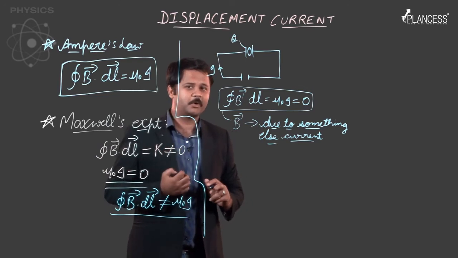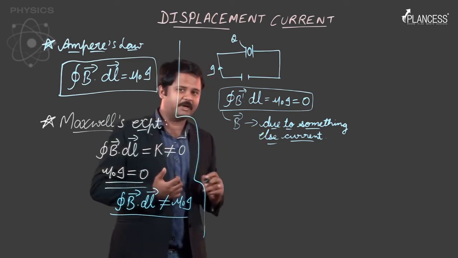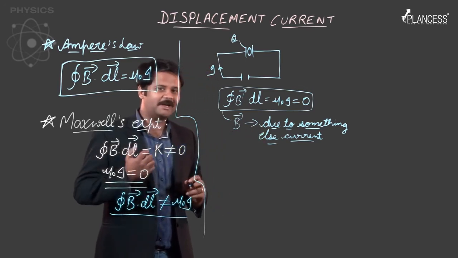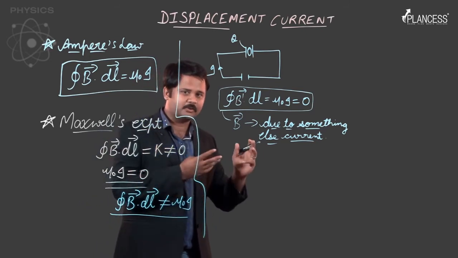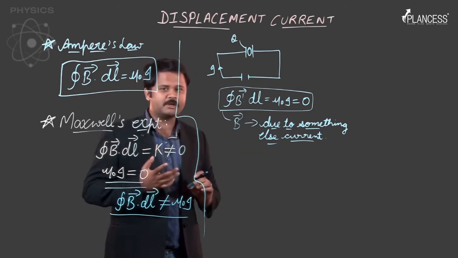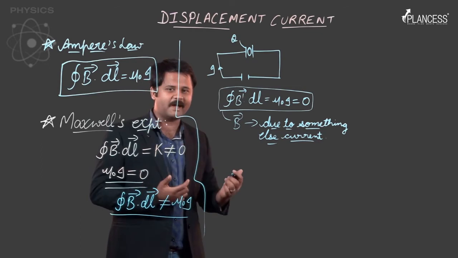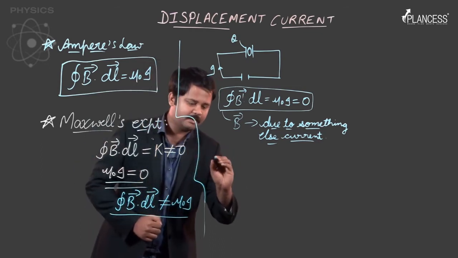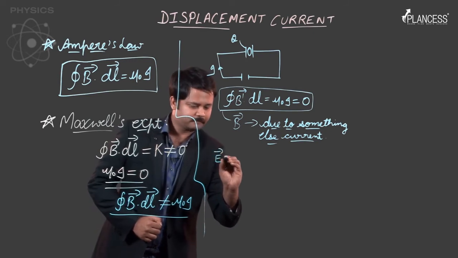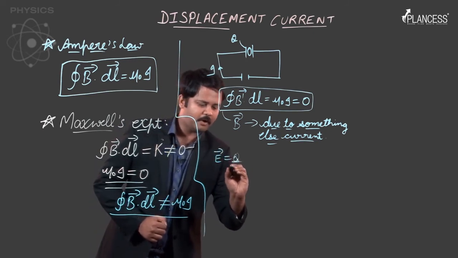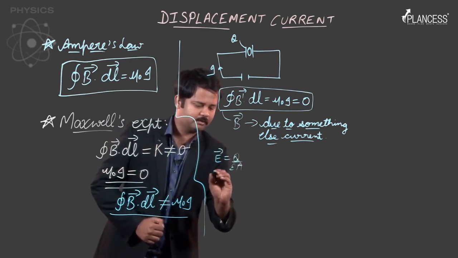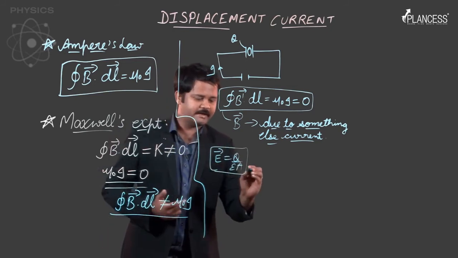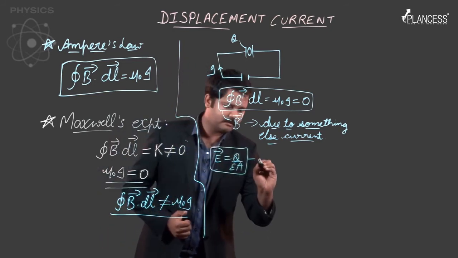So the key thing that he noticed here was that for this particular Amperean loop, the electric flux that is passing through this closed surface was not zero, it was constantly varying also. So if we denote the electric field by the formula Q upon epsilon A, then this quantity is varying because Q is varying.